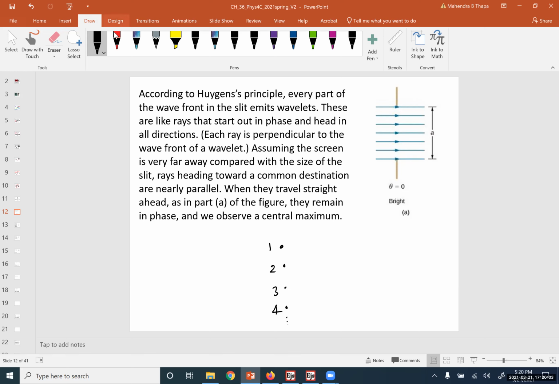At first, we'll consider the case when theta is equal to 0. What does it mean? The light emitted from every point is parallel.